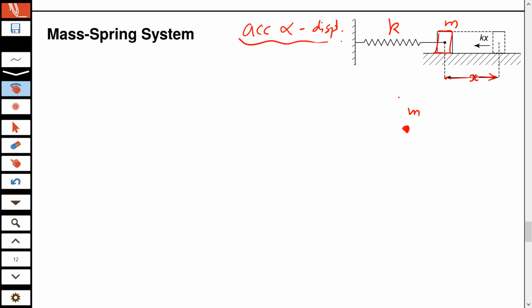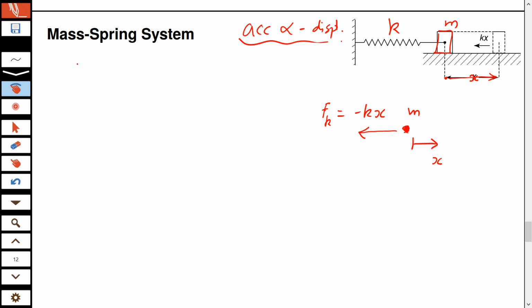So restoring force spring का क्या होता है? That will be, the spring force will be Fk, force from the spring would be minus kx. ठीक है, और इसका जो displacement है वो इस direction में x.